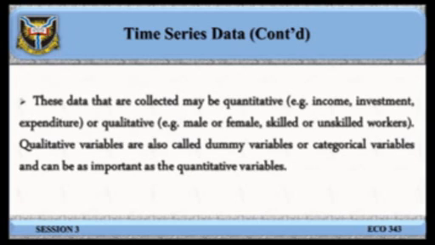These data that are collected may be quantitative, e.g., income, investment, expenditure, or qualitative, e.g., male or female, skilled or unskilled workers. Qualitative variables are also called dummy variables or categorical variables and can be every bit as important as the quantitative variables.